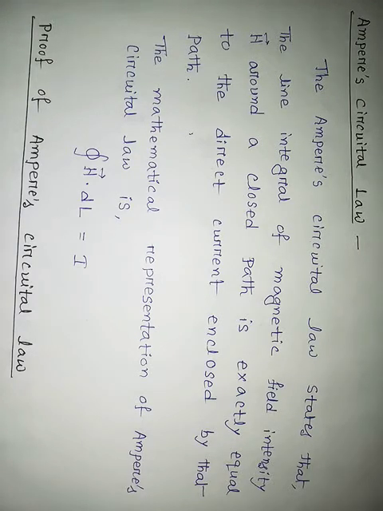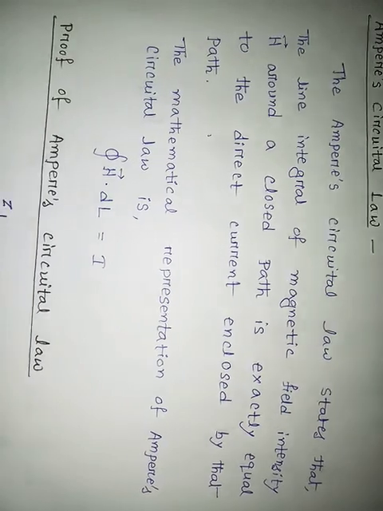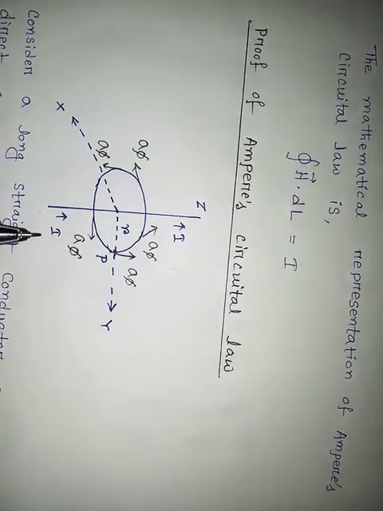The mathematical representation of Ampere circuit law is the closed integral of magnetic field intensity is equal to total direct current. Now the proof of Ampere circuit law is shown here.